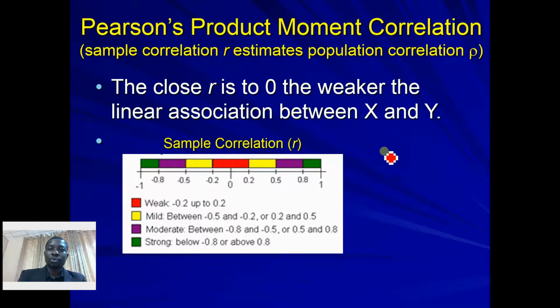So for example, Cohen 1998 came with a classification which indicates that a correlation coefficient between 0.1 less or equal to R less than 0.3 is seen as very weak.